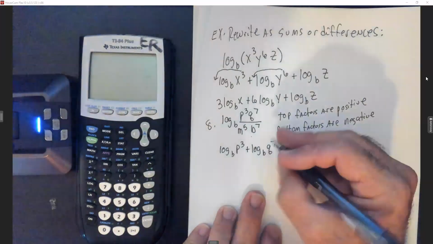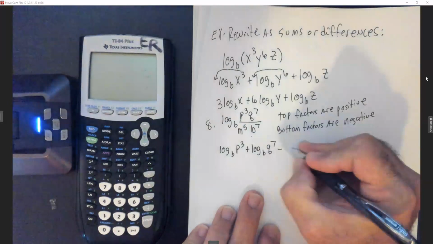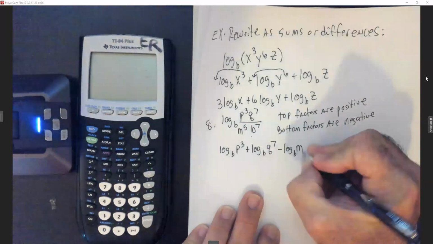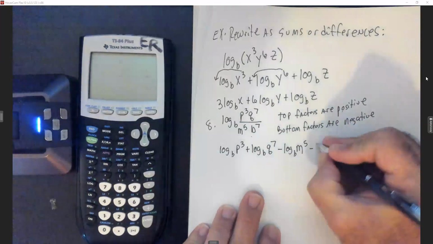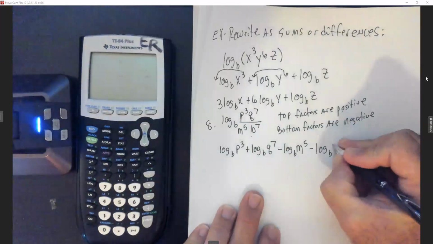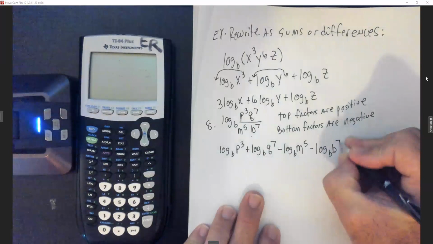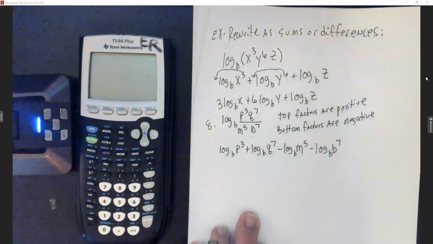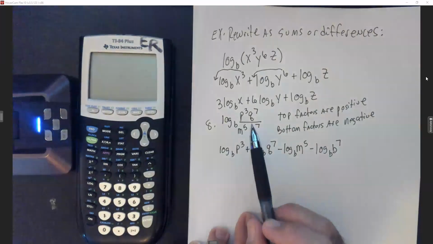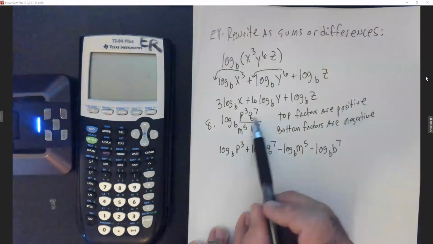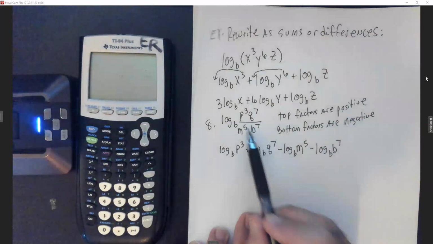So it'll be minus log b of m to the 5th minus log b of b to the 7th. So I distributed my log to all 4 of these, and when I rewrote it, if it was on top, they were positive, bottom, they were negative.